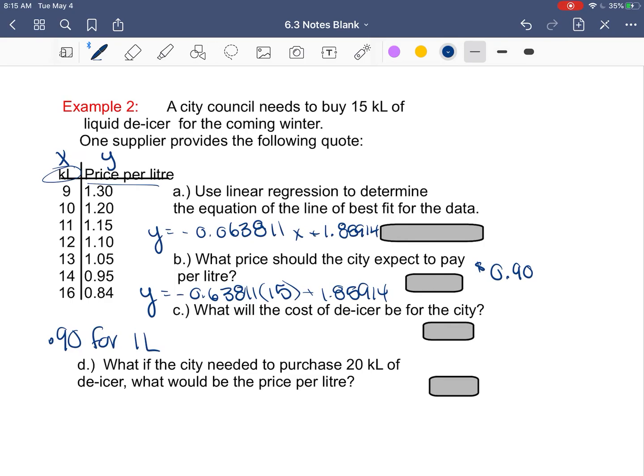And that is going to be times the total we have, which is 15 kiloliters. For every 1 kiloliter, we would have 1,000 liters, just like for every 1 kilometer, we'd have 1,000 meters.